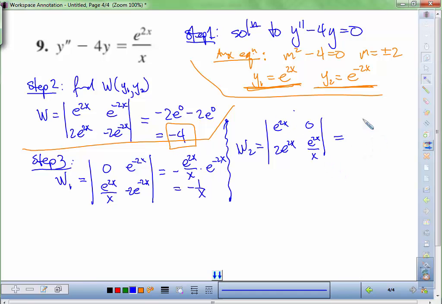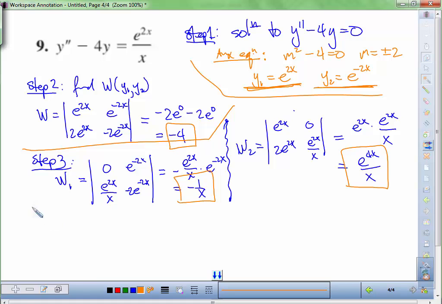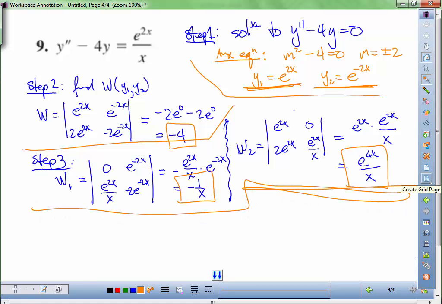And this time it's going to be e to the 2x times e to the 2x over x, which is going to be what? It looks like e to the 4x over x. So that's step 3.